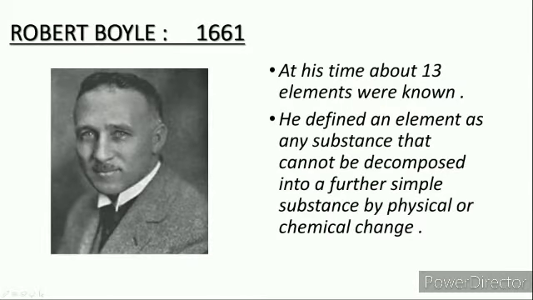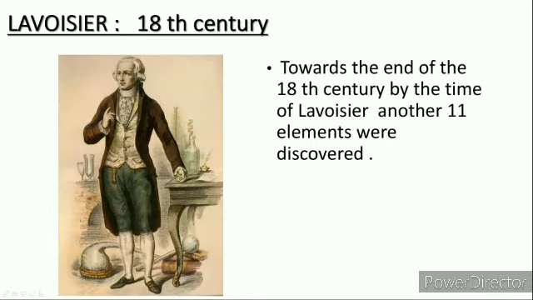In 1661, Robert Boyle defined an element as any substance that cannot be decomposed into further simple substances by a physical or chemical change. At his time, about 13 elements were known. Towards the end of the 18th century, by the time of Lavoisier, another 11 elements were discovered.